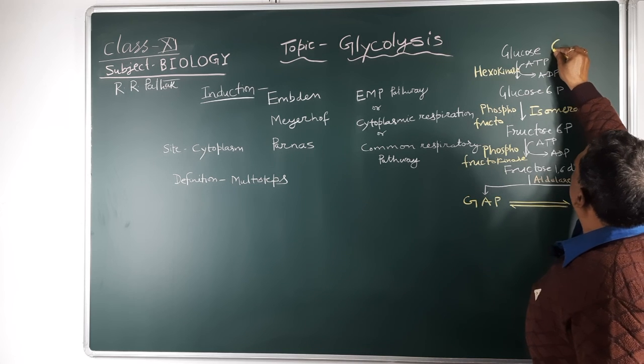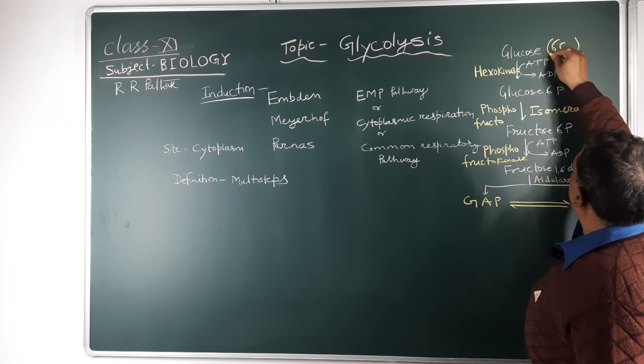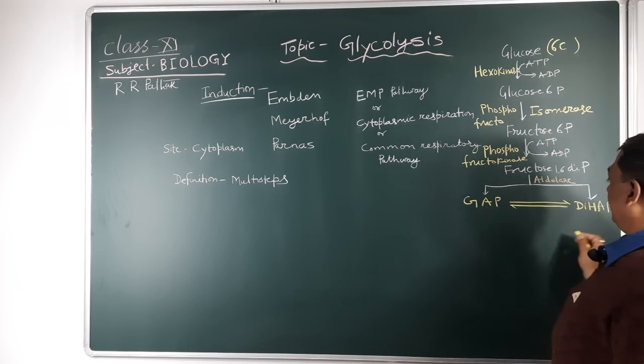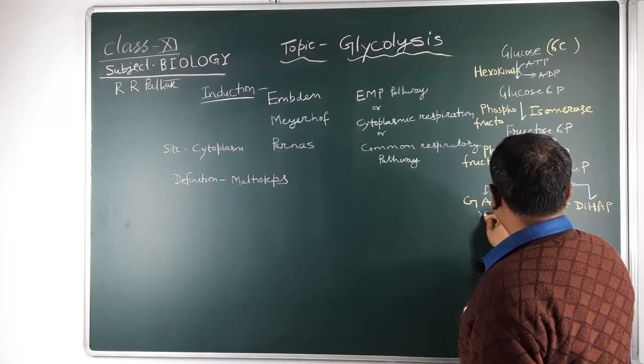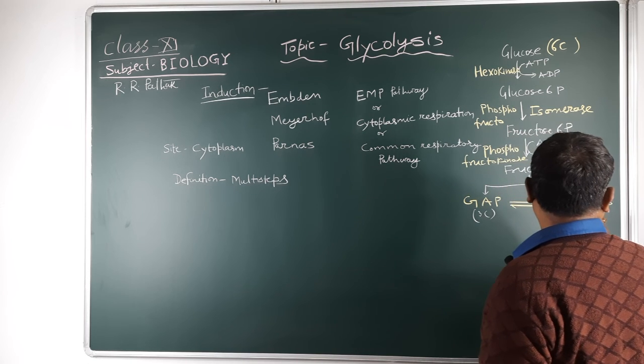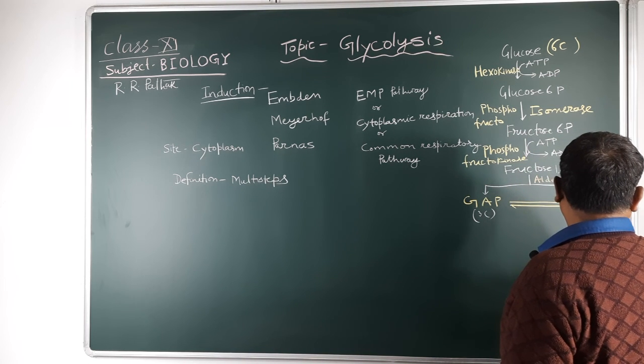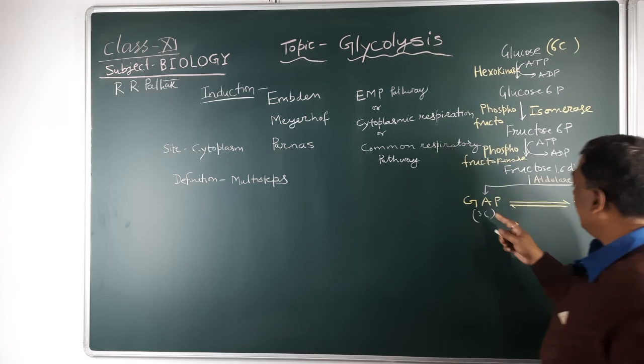Glucose is a 6 carbon compound which is converted into 2 triose units. They are called 3 carbon compounds, glyceraldehyde 3 phosphate and dihydroxyacetone phosphate. Both are isomers.